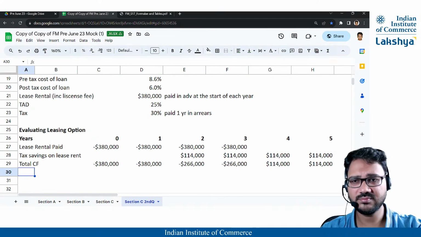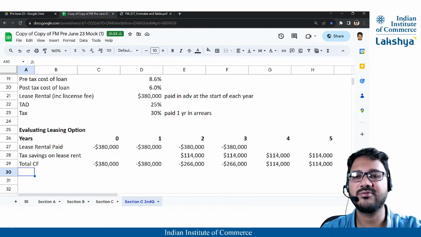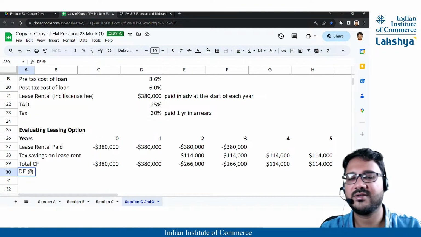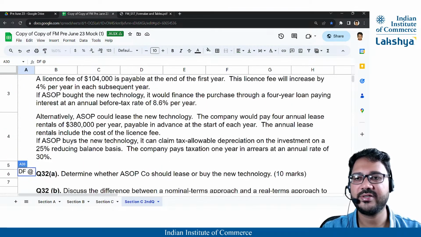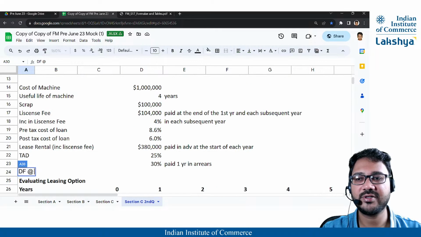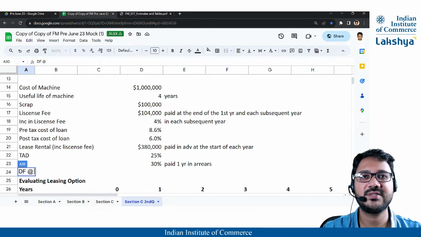Then we can directly do discounting NPV, or we can find the discounting factor. Discounting factor at what interest rate? We have already calculated that the post-tax cost of the 4-year loan is 6%.